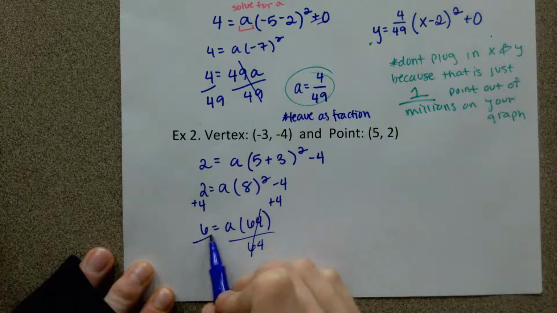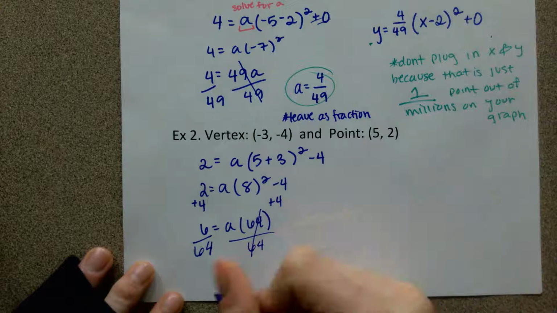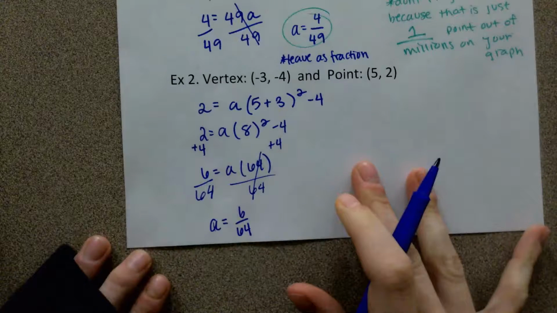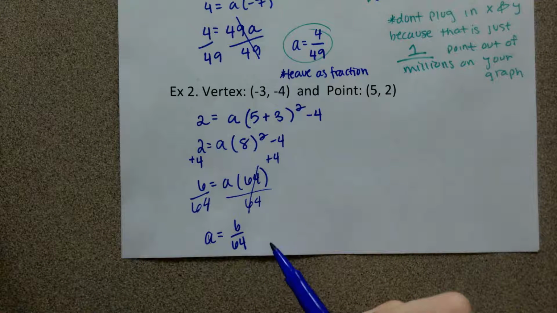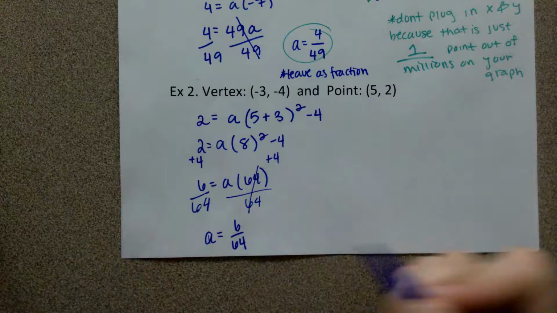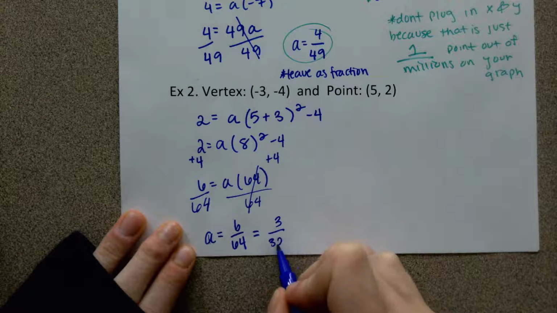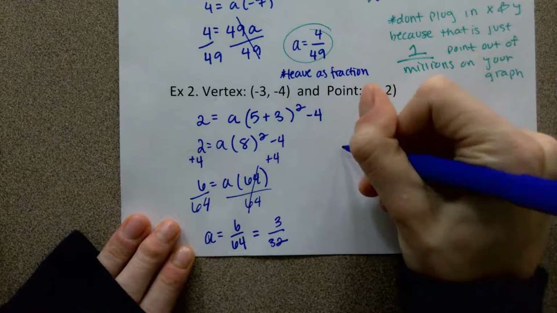Divide by 64 to get that a by itself. So we'll have a equals 6 over 64. This does simplify. I don't care if you leave it like this or if you simplify it. Let's just simplify it to 3 over 32. Okay, so now we plug this back in.